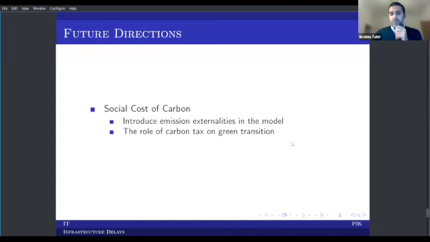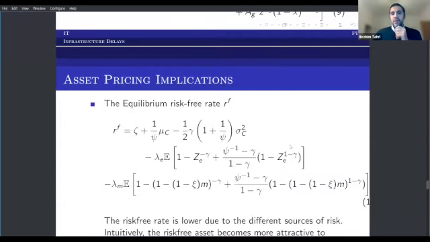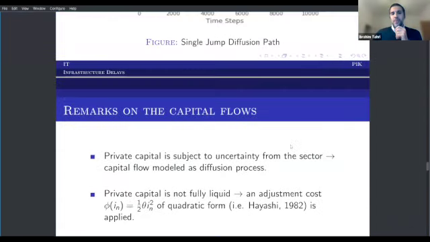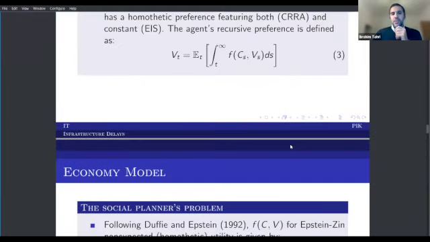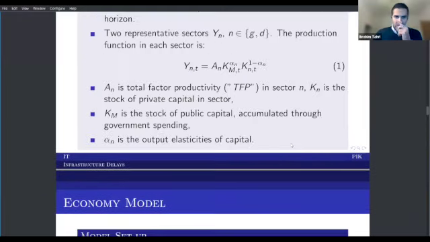In that case, if I may, going back to the production function, we will have to add another factor of production, which is fossil fuel use, and from there we can also derive the social cost of carbon, which will help us determine the optimal carbon price.